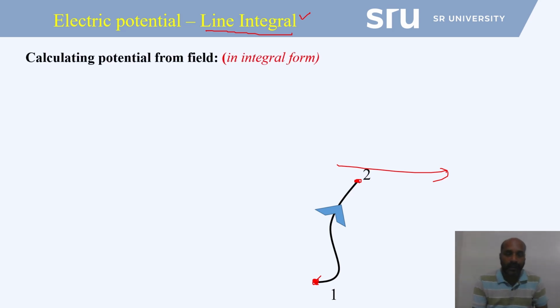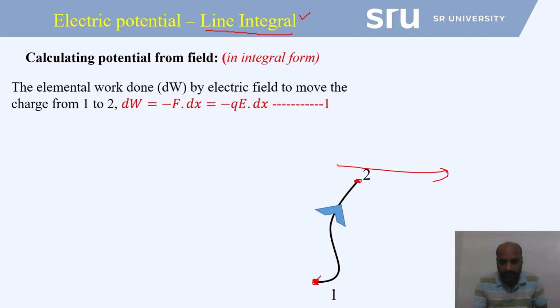So for that, what will we do? First we'll take a small segment dx. The total length is x, but we'll take a small segment dx. So if the charge is displaced from point 1 to 2, the work done will be W. If the displacement is a small segment dx, then the work done will be dW.